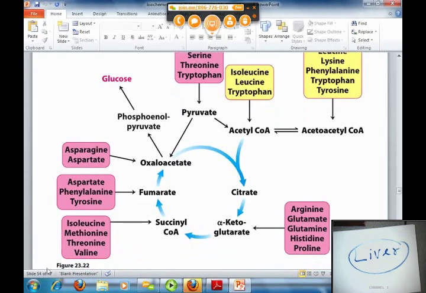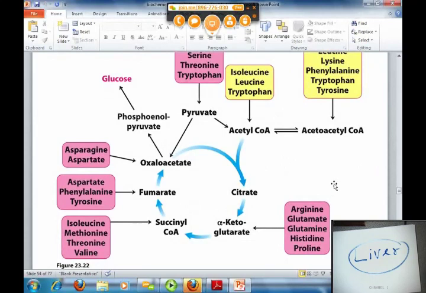succinyl coenzyme A. So in the intermediary metabolism, all these proteins are degraded into different amino acids, and each amino acid has a separate entry into the TCA cycle, and this is the net of the sum of all these amino acids, where they enter and how they are involved, whether they produce glucose or produce energy or produce fat.